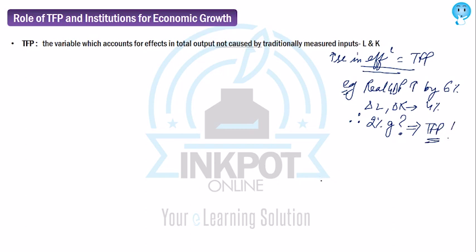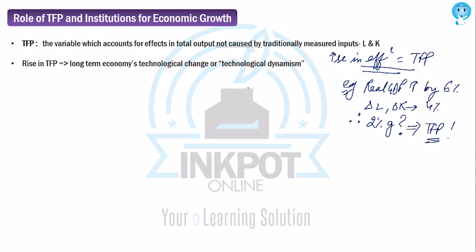So we also say that rise in TFP is nothing but the long-term economy's technological change or technological dynamism. Basically, we can say the progress caused due to increase in efficiency. Now this increase in efficiency, the author gives various examples. You can also remember that it can be in the form of ideas, institutions, all those factors which can raise efficiency.